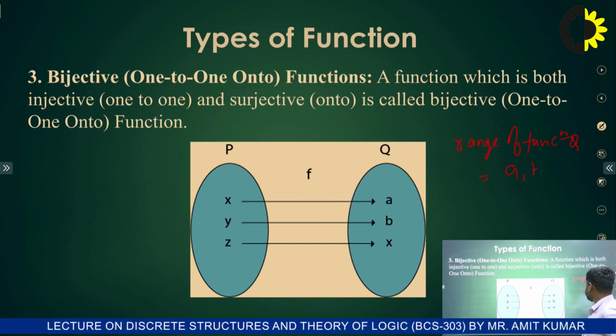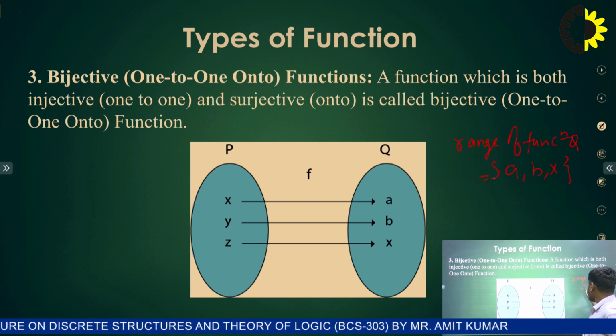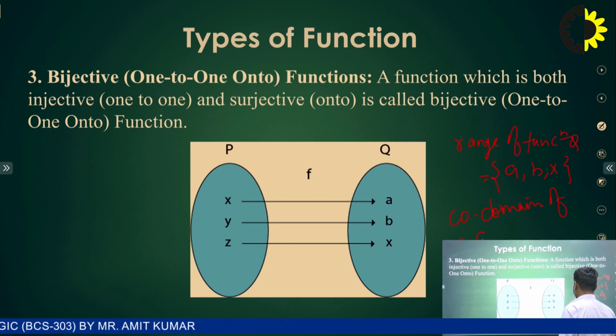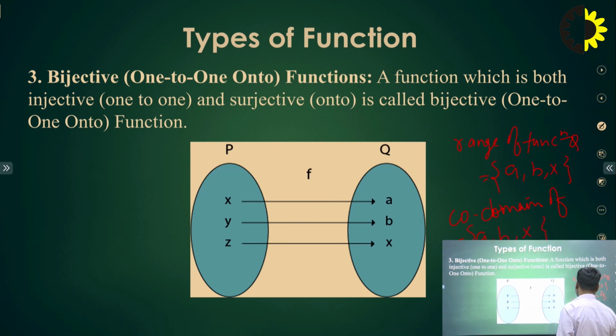A, B, and X. What is the codomain? A, B, and X. So the codomain is equal to the range, so it is an onto function. It's clear.